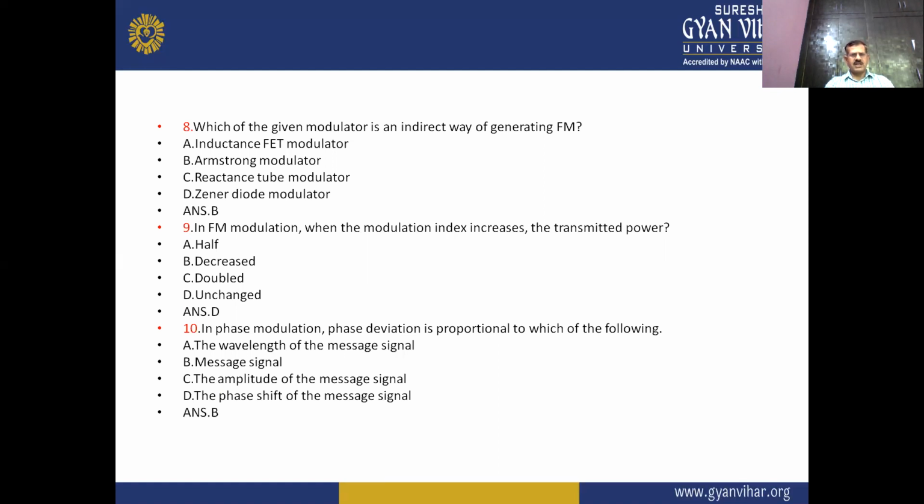Option C, reactance tube modulators. Option D, Zener diode modulators. Option B is the correct answer, because the Armstrong modulator is used as an indirect way of generating frequency modulation.